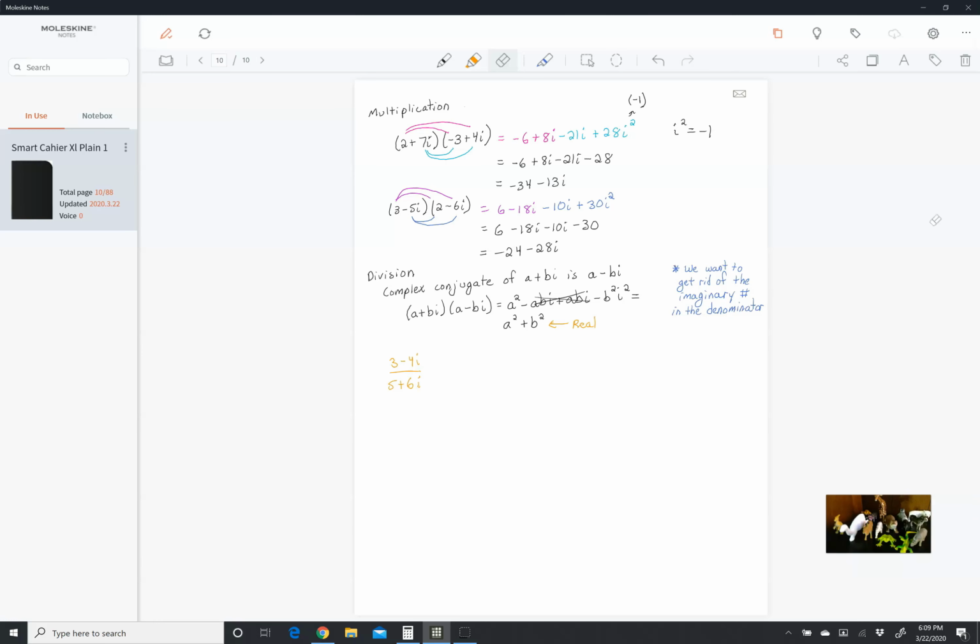So to do that, we multiply the numerator and denominator by the complex conjugate of the denominator.